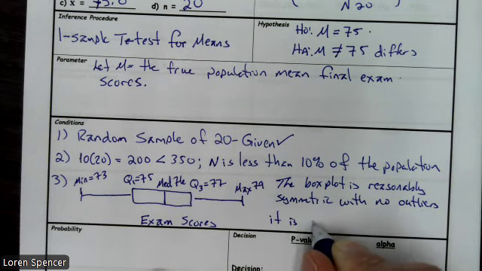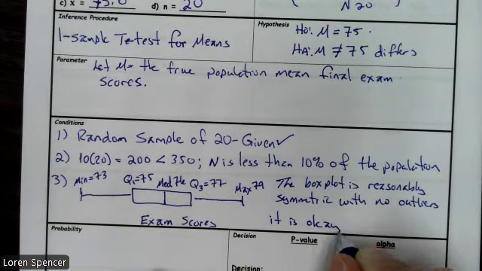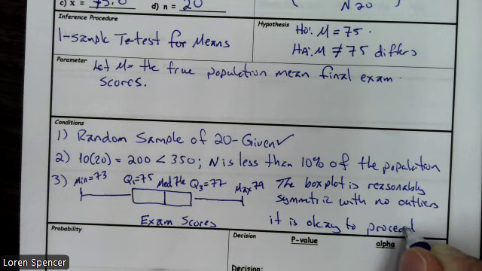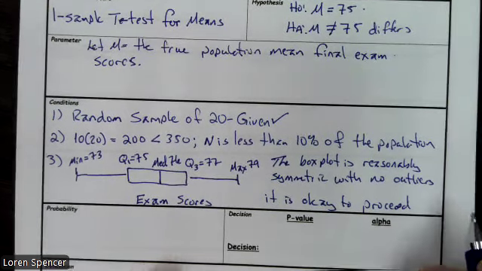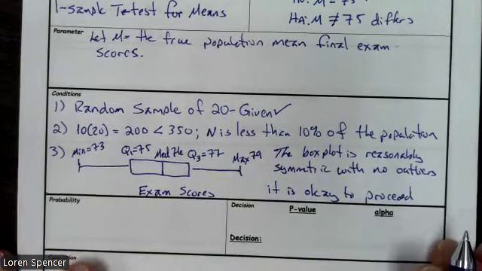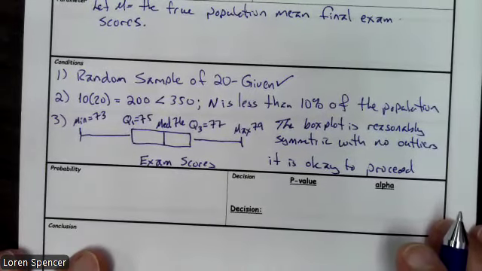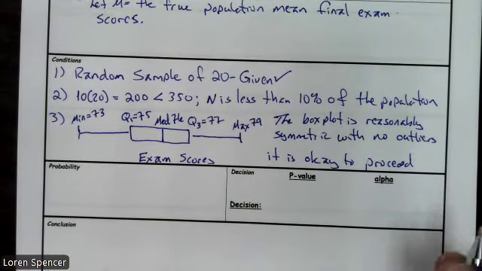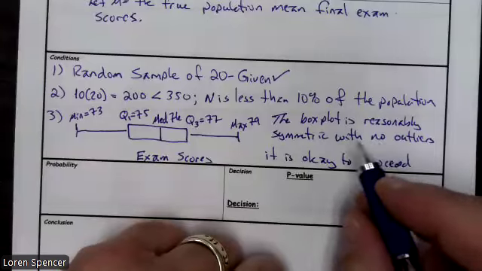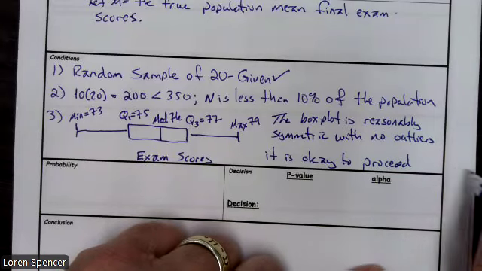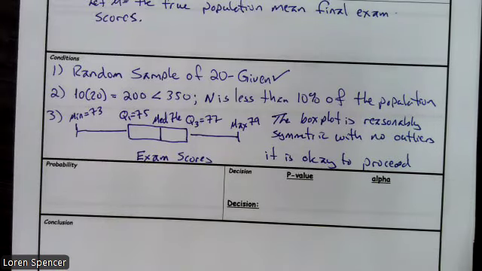It is okay to proceed. All right. Or it's normal enough. Basically, it is okay to proceed because it's normal enough. I didn't have enough room to write that.